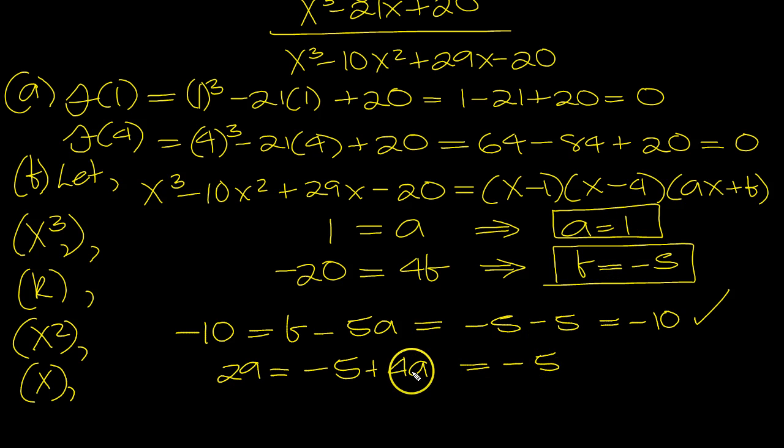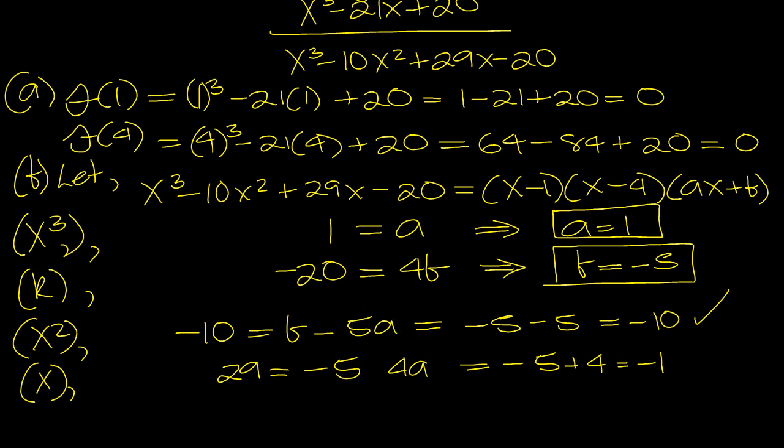A is 1 plus 4 is minus 1. So I'm a bit worried about that. The x term here is 29. Let's have a look again. Minus 4x minus x is minus 5x times b. b, there we are, is minus 5. So let's put that in. That's where the glitch was, the error.